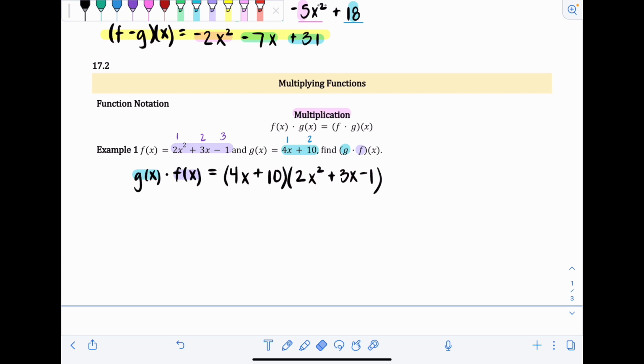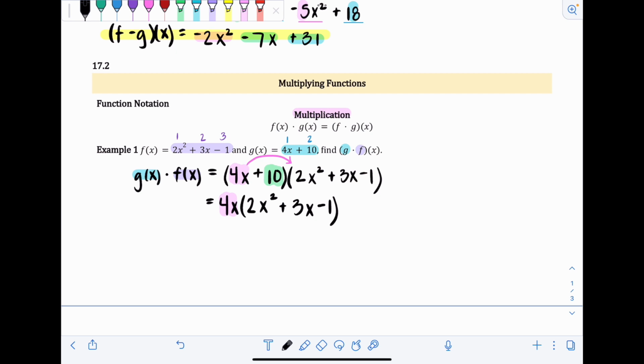So what we're going to do is take each term in the first parentheses and distribute it to the second parentheses. So we're going to do 4x times everything in that second parentheses. It's going to be 4x out in front, and then the second parentheses I'm just going to copy down: 2x squared plus 3x minus 1.